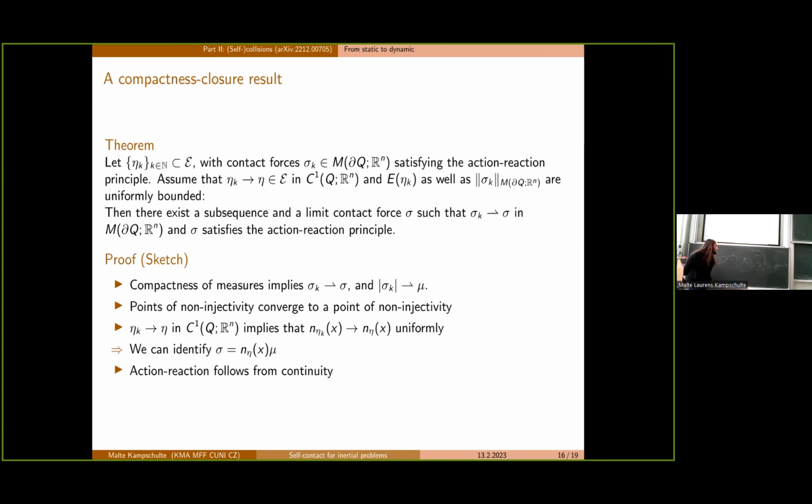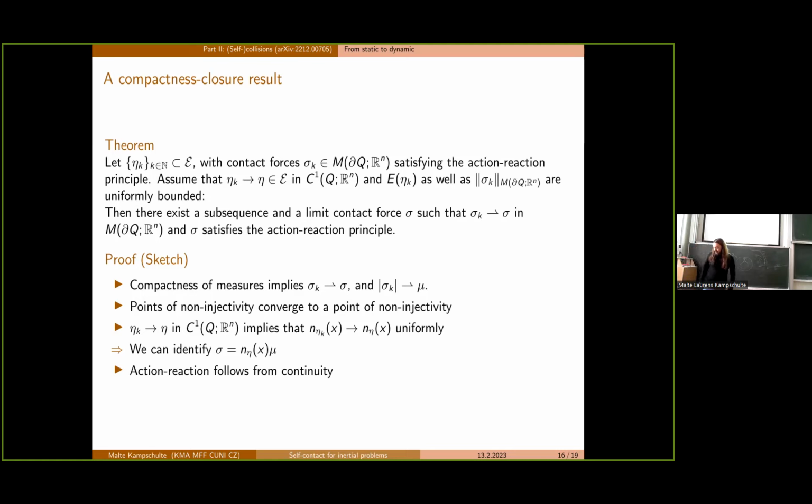Then you can show that if you have a sequence of deformations, there are two ways to have non-injectivity in the limit. One is you're coming from somewhere where there's already some contacts, in which case you kind of get a limit contact measure from there, or the other is you just touch in the limit, in which case there's actually no contact measure.